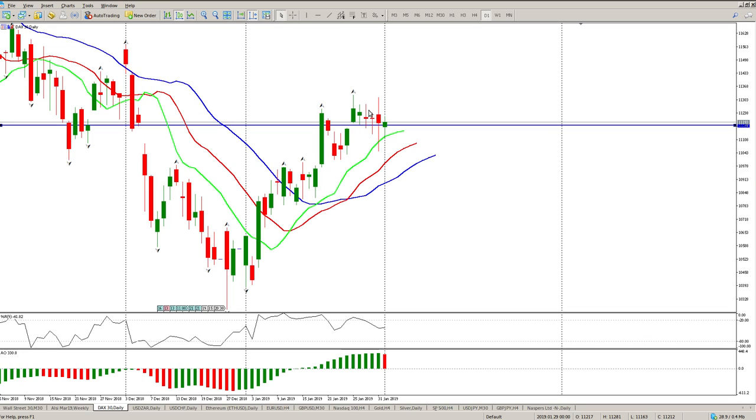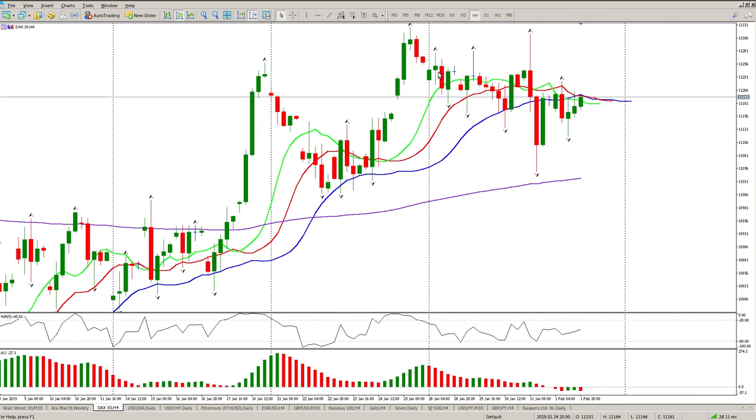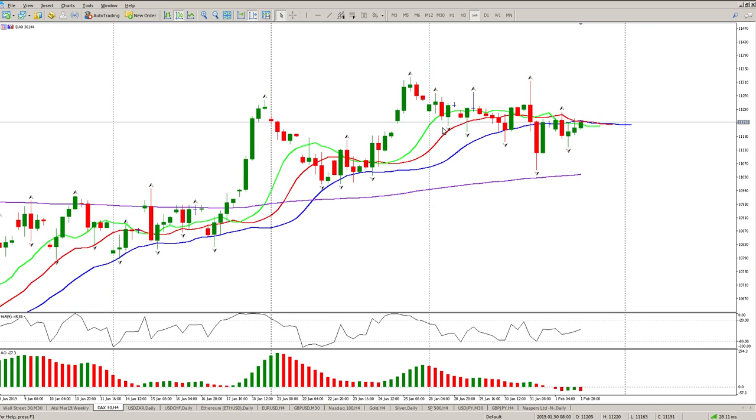So from a structure perspective, there is really nothing that excites me on this daily chart right now. There are no levels. All I can see at the moment is total confusion. If we go to the hour or the 4 hour, you'll see we break above the alligator, break below, and at this stage we are hovering below the alligator.